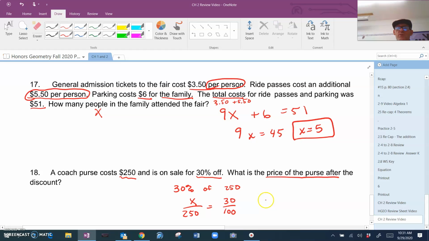Okay, so then it's x equals 75 if you solve this. Now that's how much it's off, okay? So we have to subtract that from 250. So 250 minus 75 is 175. That's how much the purse is. So don't forget you got to subtract.